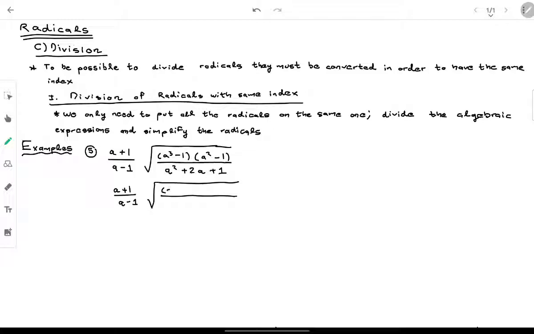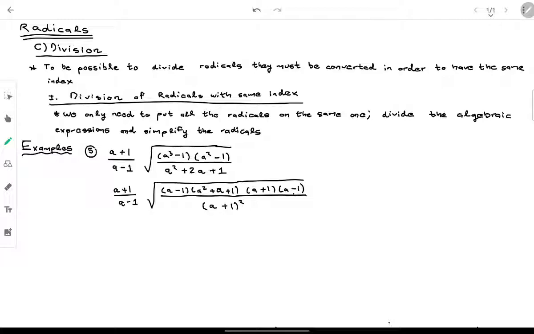So it's going to be a minus 1 that multiplies a squared plus a plus 1. The other one is a difference of squares, so we can factorize it as a plus 1, a minus 1. The one on the bottom is a perfect square trinomial, and it's going to be a plus 1, all of it squared.